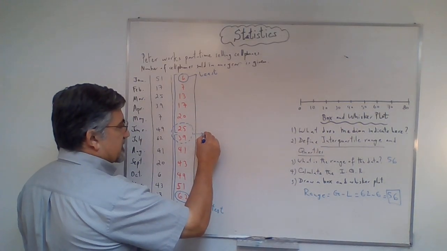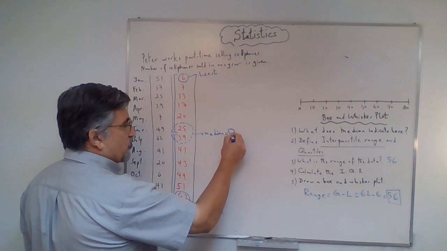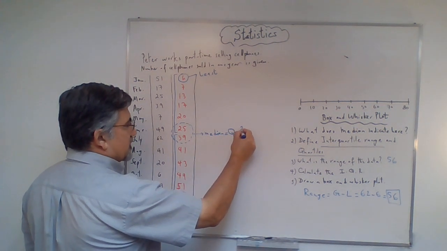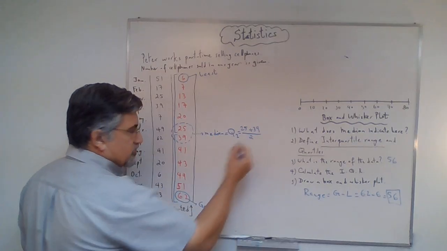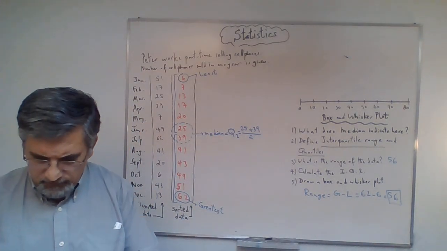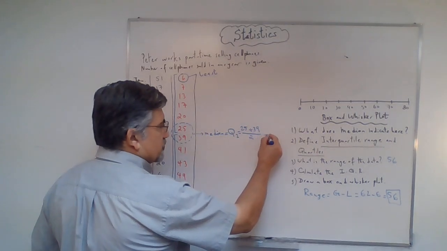So I'm going to say the median, which is also known as the second quartile, Q2, is 25 plus 39 divided by 2. So use your calculator. Add them up, divide by 2, you get 32.